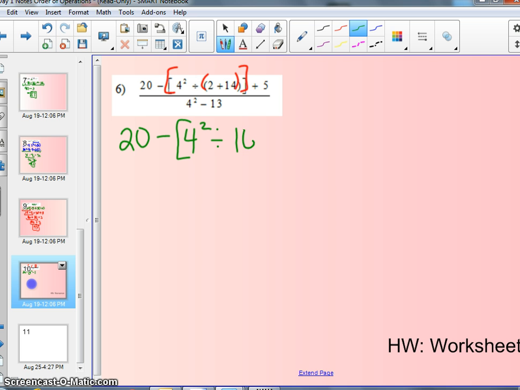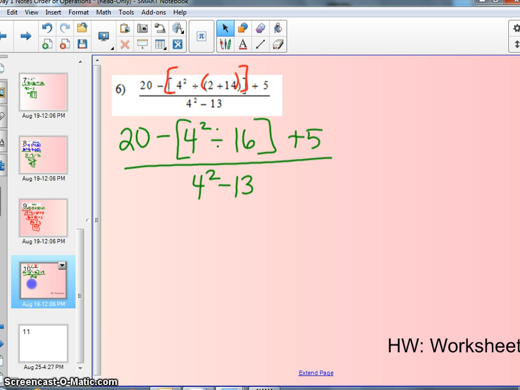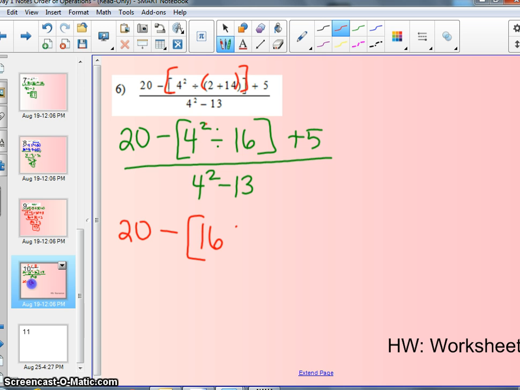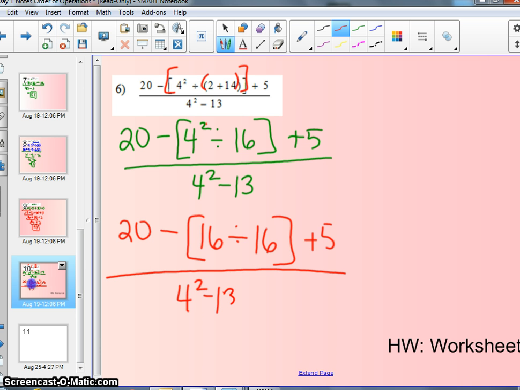So 2 plus 14 is 16 plus 5 divided by 4 squared minus 13. So then on top, I want to now do this parentheses, but inside that parentheses, I have exponents, so I need to do that. So 20 minus 16 divided by 16 plus 5 divided by 4 squared minus 13.